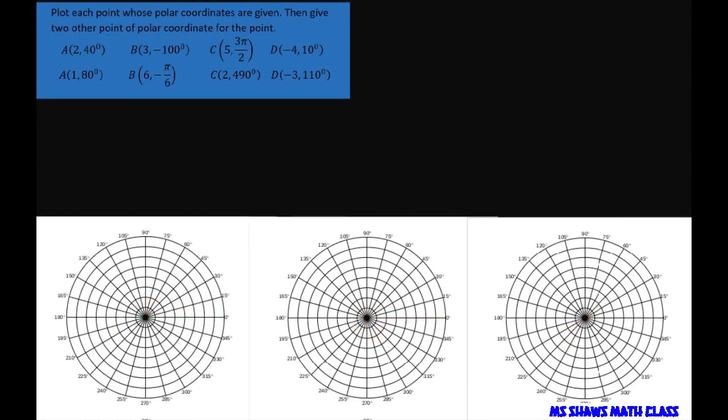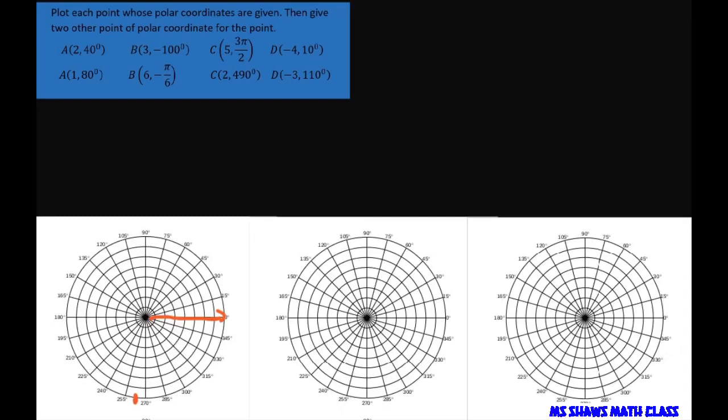Now the next one, we do the same thing. So we go to negative 100. Negative 100 is where you go counterclockwise. So we go down negative 90 and negative 100 would be right about here.